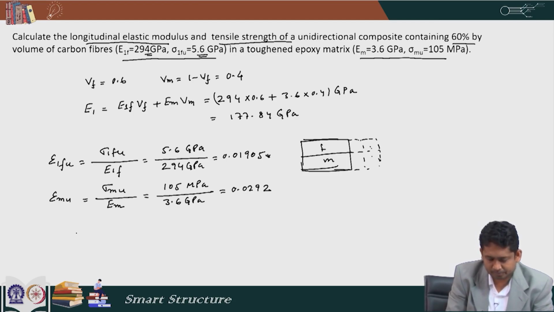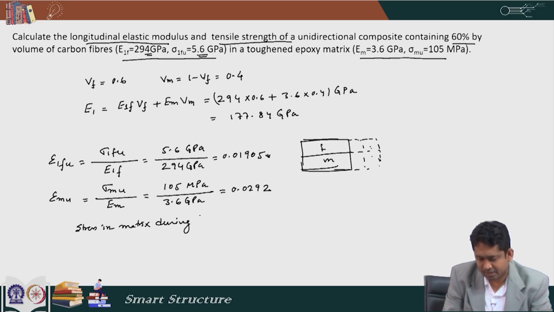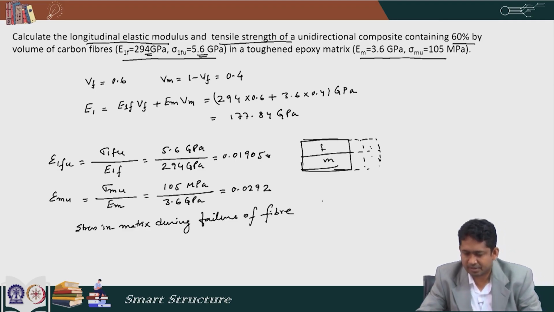So, if we want to find the stress in the matrix during failure of the fiber, let us call it sigma m star, and at that time the stress is 0.01905 multiplied by 3.6, and that is in gigapascal.